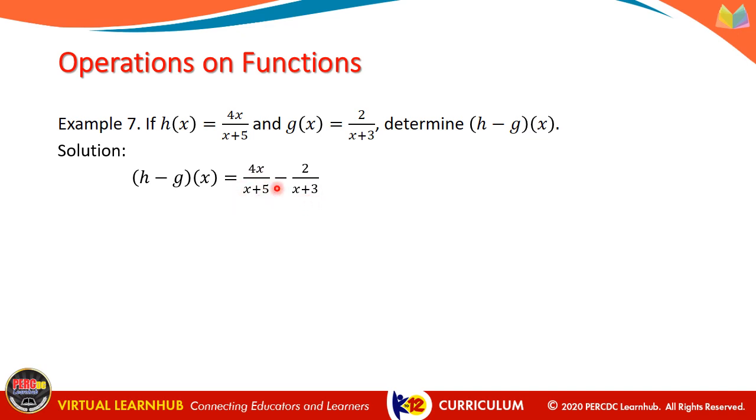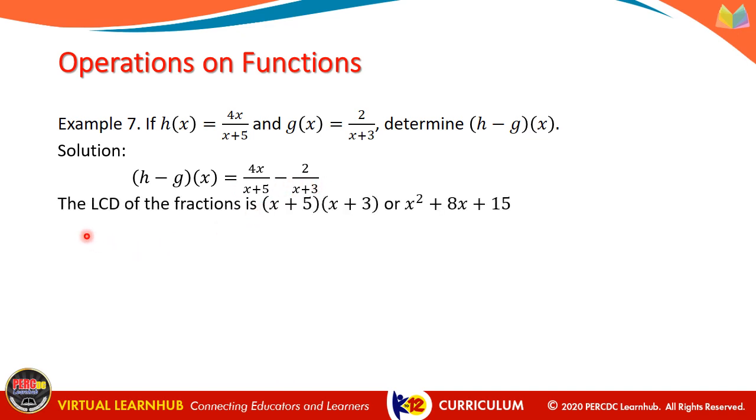Noting that the denominators are x plus 5 and x plus 3, the LCD of the fractions is x plus 5 times x plus 3, or x squared plus 8x plus 15. We can write h minus g of x to be equal to 4x times x plus 3 over x squared plus 8x plus 15 minus 2 times x plus 5 over x squared plus 8x plus 15.